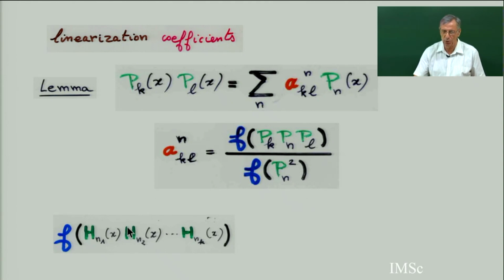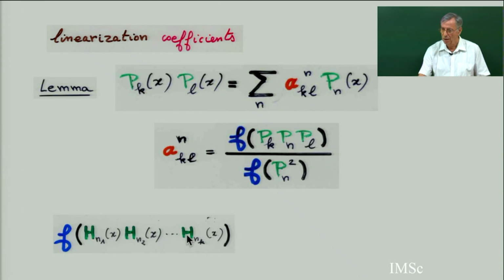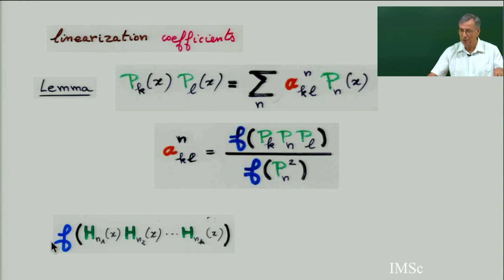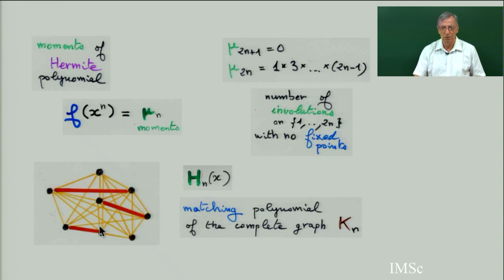And what I'm going to do is to give an interpretation of f of this, starting from Hermite as a matching polynomial of the complete graph, starting with f defined by the moment, the number of involutions with no fixed point, which is the perfect matchings on the complete graph. So the perfect matching on the complete graph exists if the number of elements is even. So we have all the ingredients, and now I will give the proof.